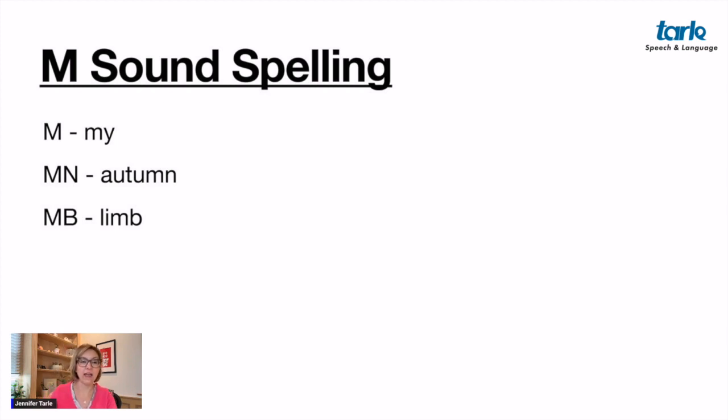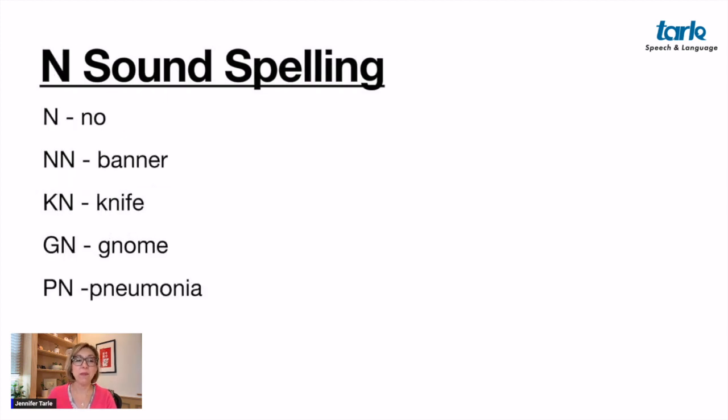So we have my, autumn, and limb. Spelling for N is mainly the letter N, like in no, NN in banner, and then we have a lot of silent letters here.